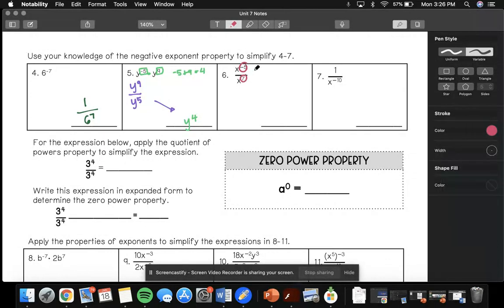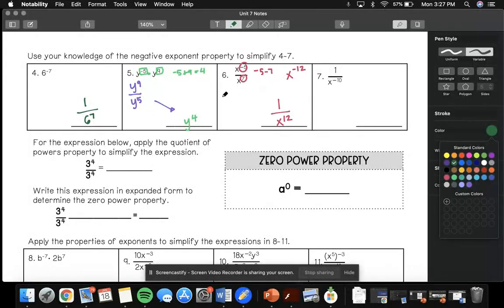Negative 5 minus 7, which is x to the negative 12th. I don't like negative exponents, so I'm going to put it into the denominator, and when I do that, I can make it a positive exponent. Then I don't have anything in the numerator, so I'm going to put a 1 right there. So this is the right answer, and that was just using the property and then making it positive if needed.